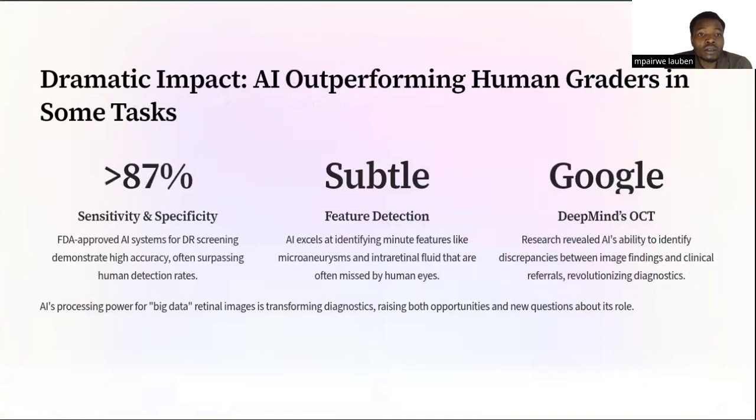We also look at the impact. We are now exploring how AI outperforms human graders in some tasks. Previously, when it comes to sensitivity and specificity, including DR screening, AI is portraying high accuracy of beyond 87% compared to humans. AI also excels at identifying minute features that are normally missed by human eyes.